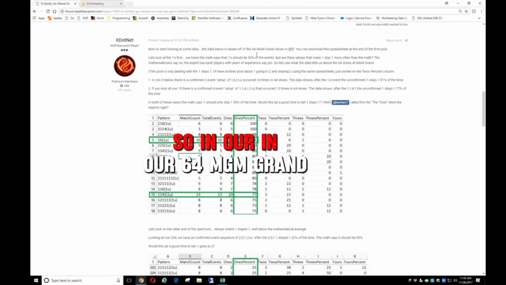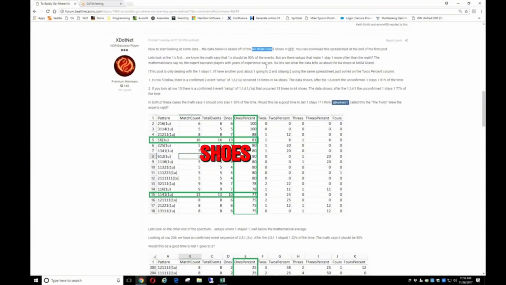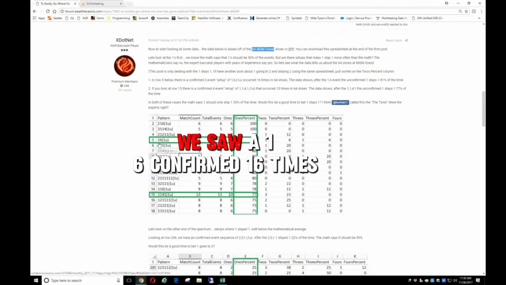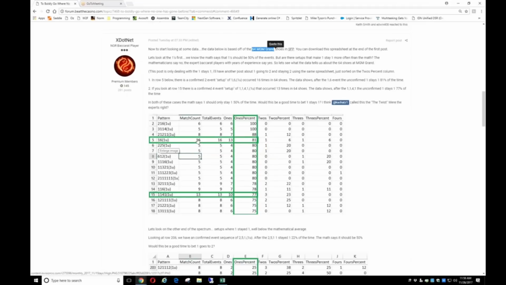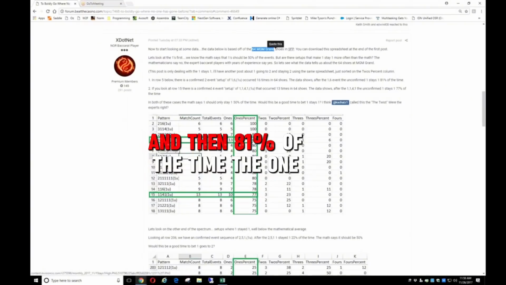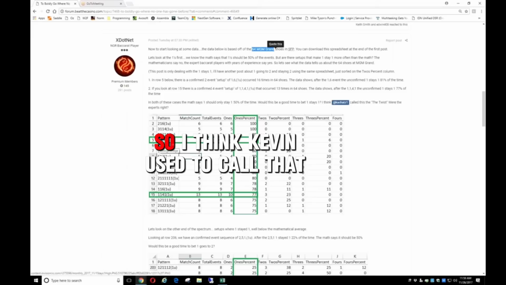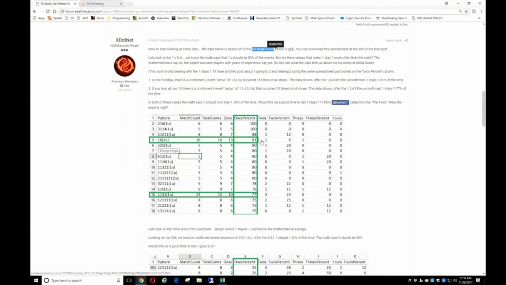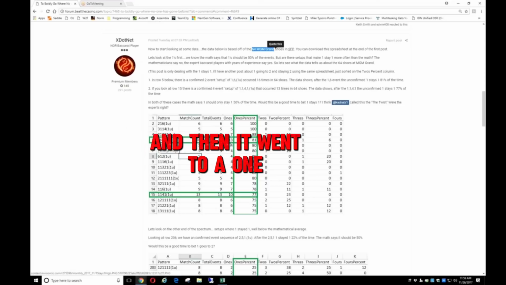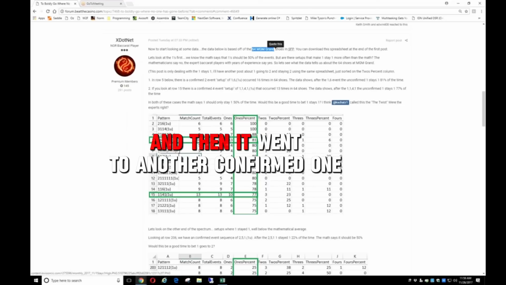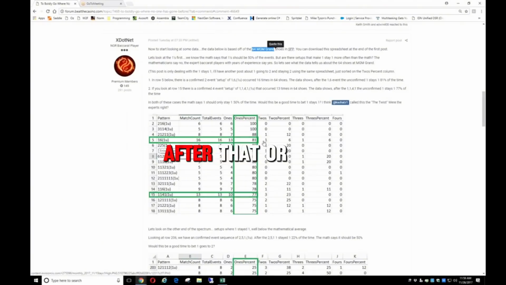So in our 64 MGM Grand shoes, we saw a 1-6 confirmed 16 times. And then 81% of the time, the 1 stayed a 1. I think Kevin used to call that the twist. So you had a 1-6, and then it went to a 1, and then another confirmed 1 after that?